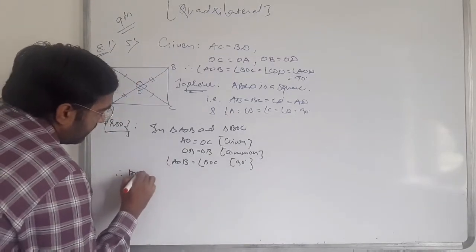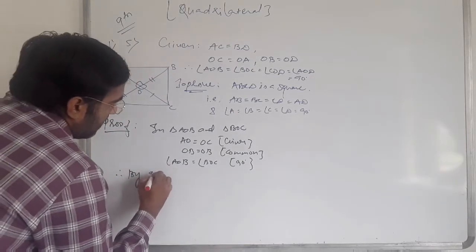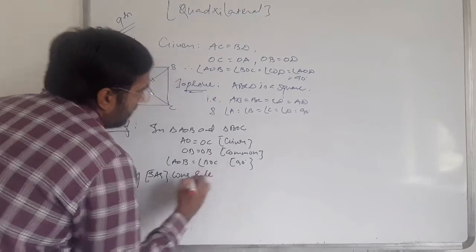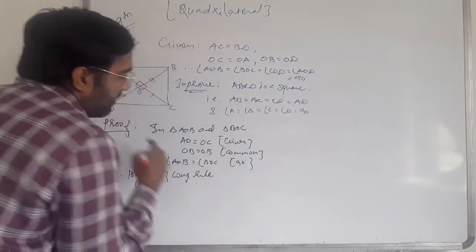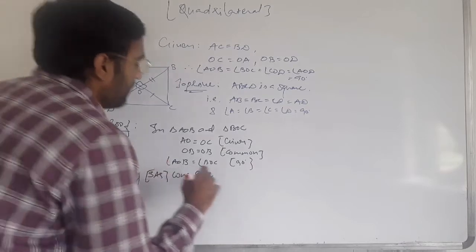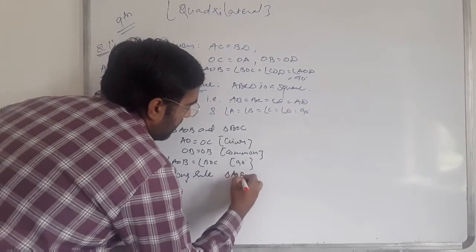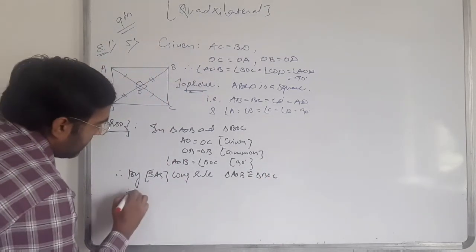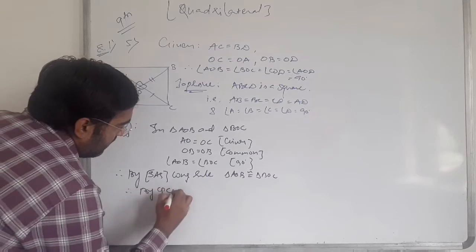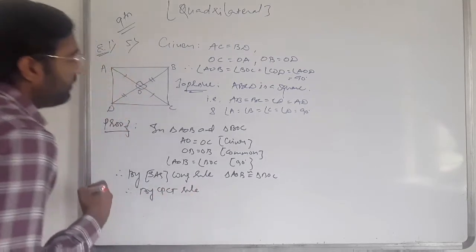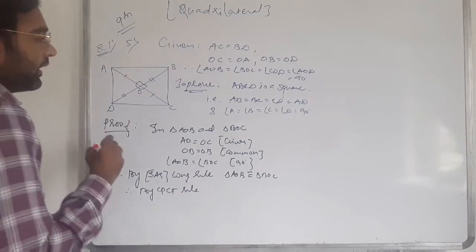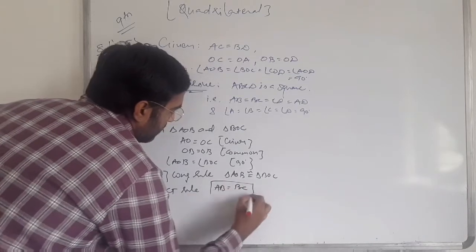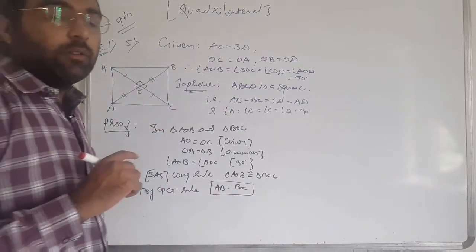Therefore, by the side angle side congruency rule, triangle AOB is congruent to triangle BOC. Therefore, by the CPCT rule, AB is equal to BC. This is the first thing we have proved.